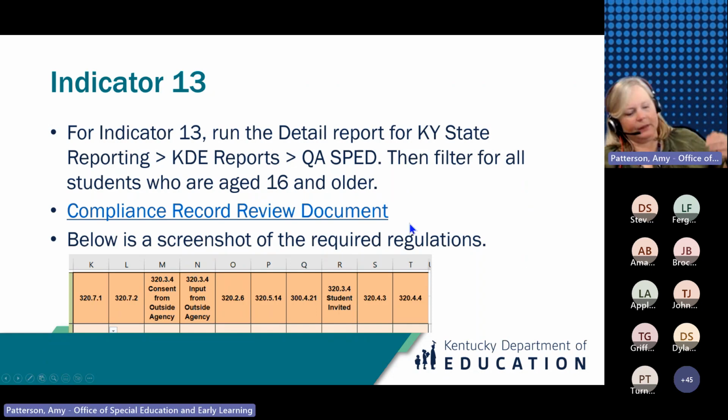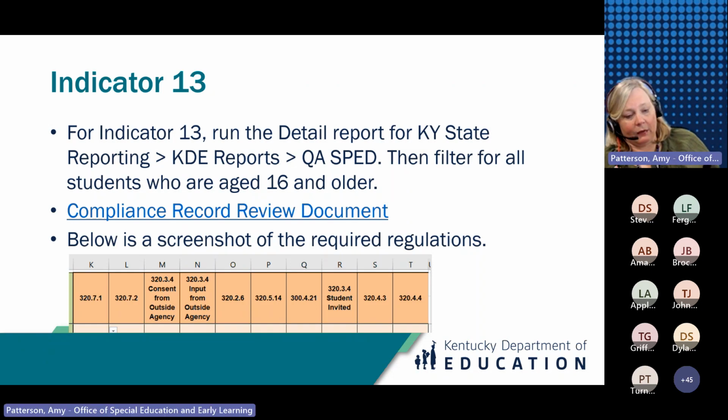And again, you're going to get that list. The best way to do it is to use your QA SPED report, or you can use your child count report, but I think QA SPED is probably going to be the more recent list you have. And then just choose a random 10%. No less than 10. If you only have 4 kids 16 or older, or for indicator 11, if you only have 4 kids on your list for initial evaluation, then give me all 4.